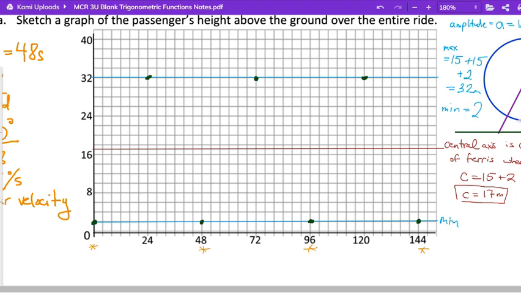On our Ferris wheel, every quarter period is, sorry, not 15 seconds, it's 12 seconds. One quarter of a period. So at 12 seconds, we're at the central axis. And that happens every 24 seconds.